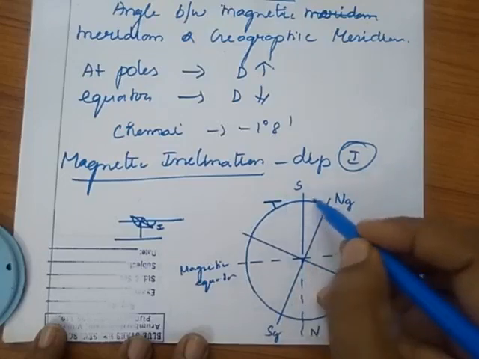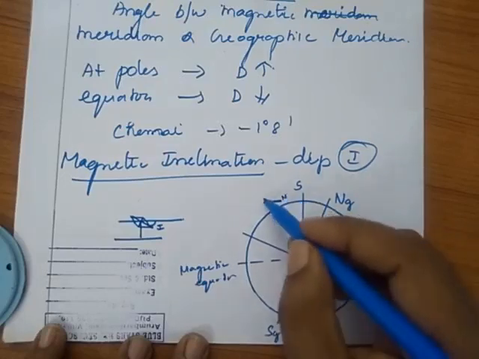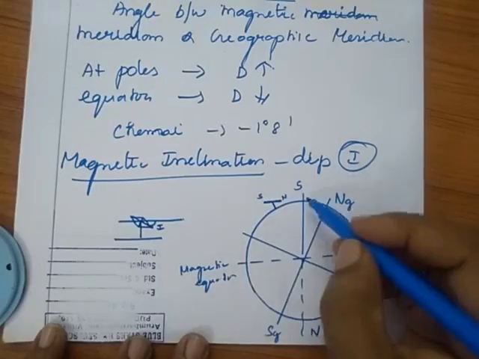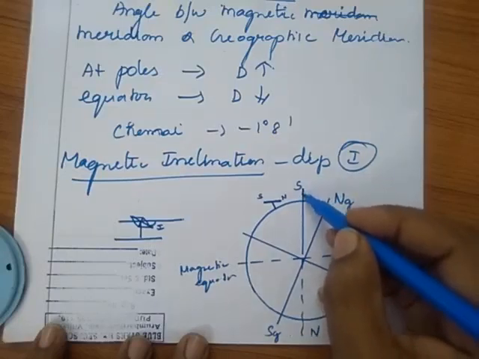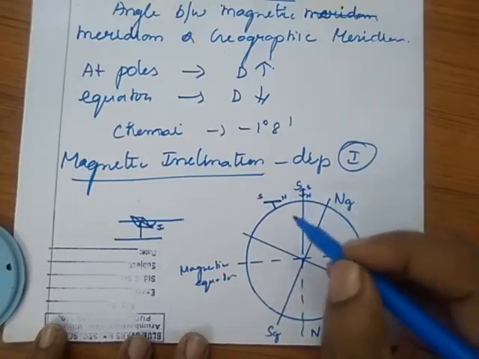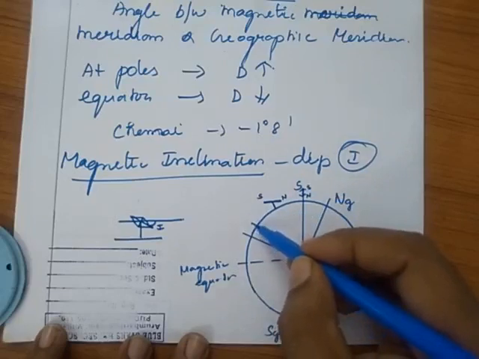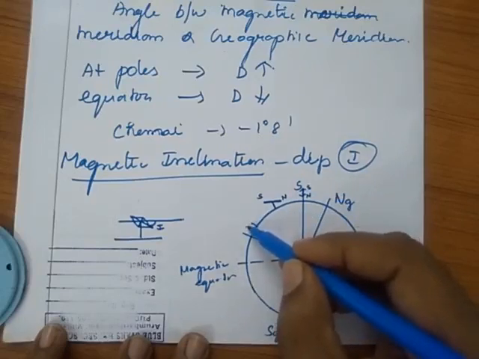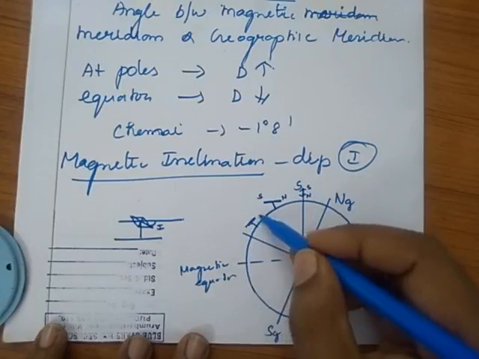This is the north terminal, this is the south. If placed at this point, it will align like this, with the north pole of the needle and the south pole. If we place it here, it will stand vertical.